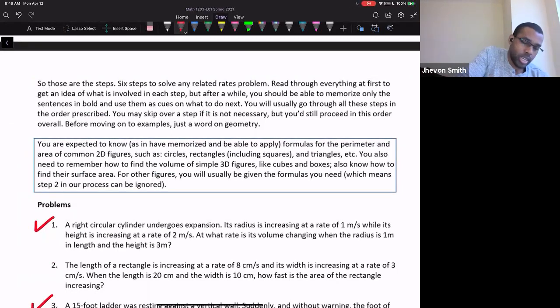One other thing that I would say you should know is to just be aware that for a problem type like this, you are expected to kind of know about certain geometric formulas that you would have gotten from geometry, like Pythagoras' theorem, area of a circle, circumference of a circle, area of a rectangle, perimeter of a rectangle, things of that sort.